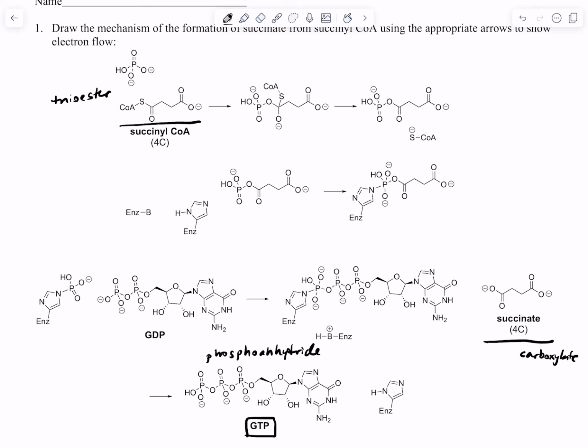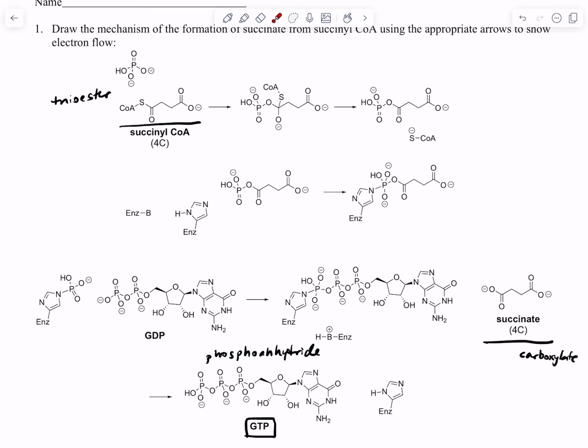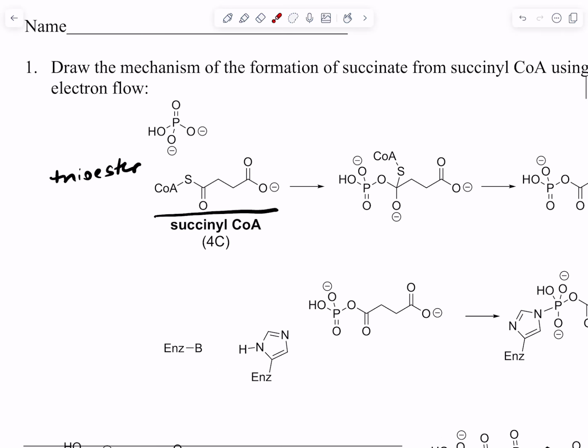So the intermediates are all shown here, and this uses an unusual mechanism that we haven't seen before, but it's straightforward enough to understand. Compare succinyl-CoA with this intermediate, understanding that this is the carbonyl carbon, this is the carbonyl oxygen, and phosphate dianion is acting as your nucleophile.